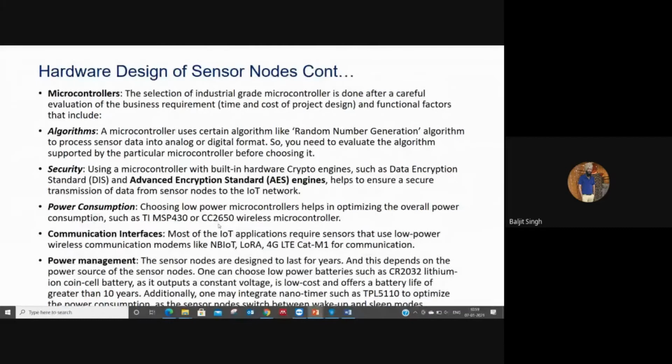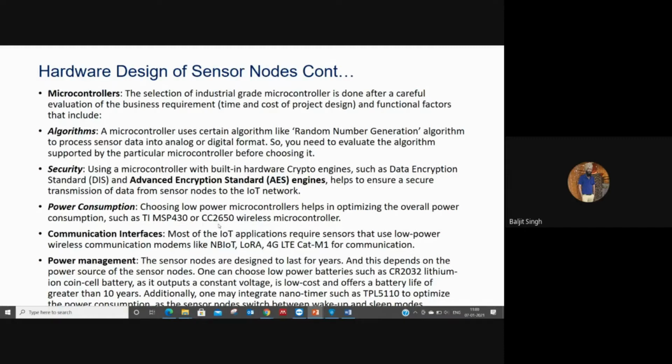Then power consumption. Using a low power microcontroller helps in optimizing the overall power consumption, and there are various examples. So Texas Instruments designed the MSP430 and CC2650 wireless microcontroller. A wireless microcontroller means it has built-in Bluetooth and Wi-Fi capability also. Communication interfaces.